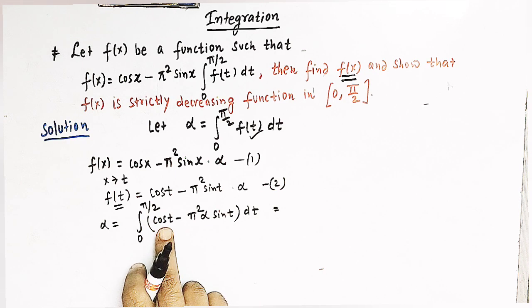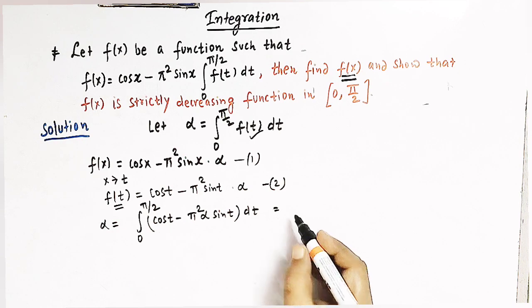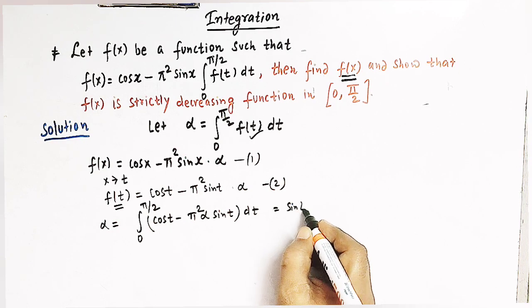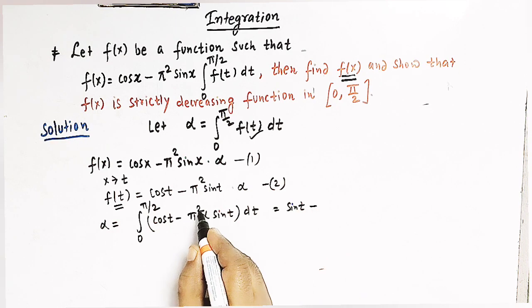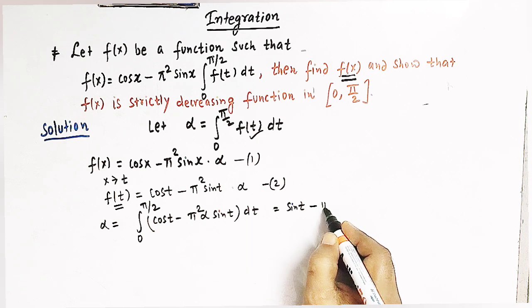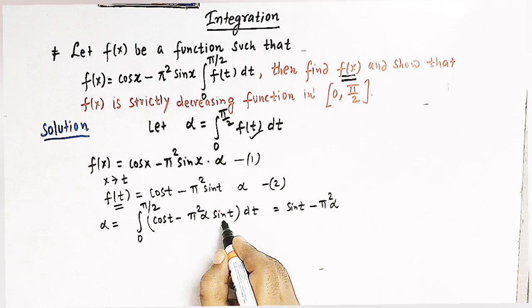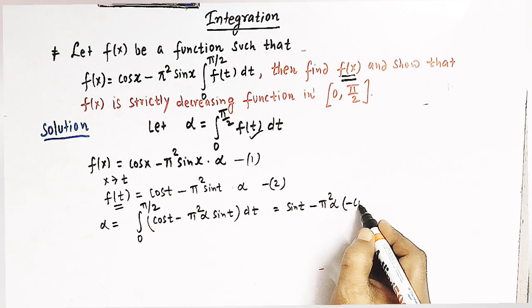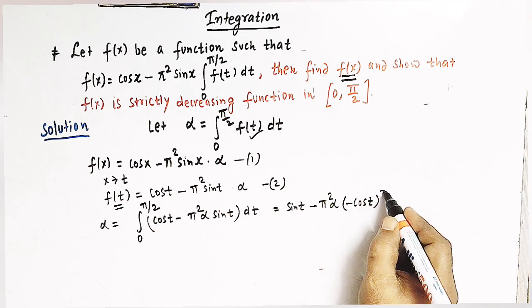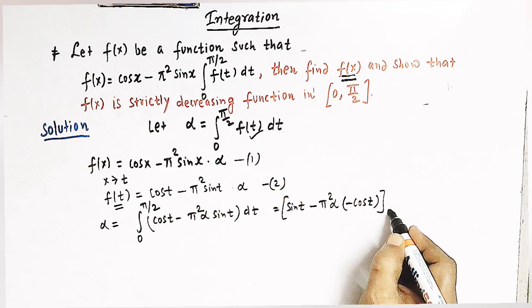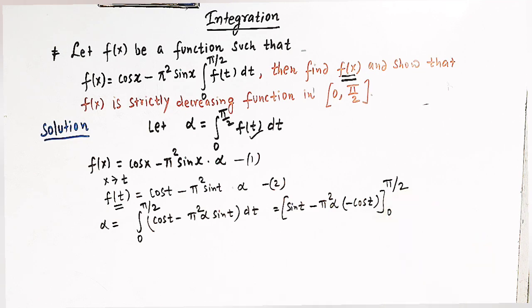Now the integral of cosine t is simply sine t, and here pi square alpha is a constant, so we can now write pi square alpha, and the integral of sine t is minus cos of t, and the limits of integration are from 0 to pi by 2.